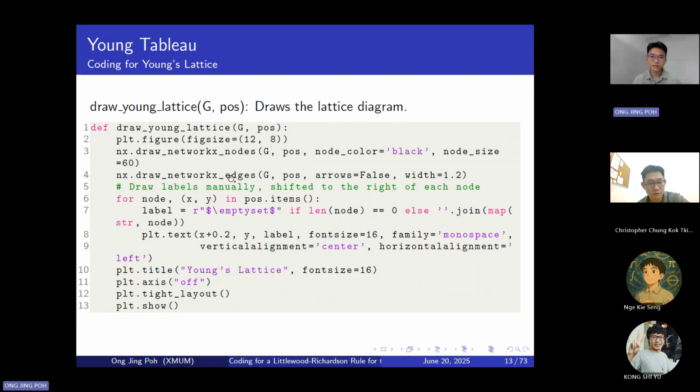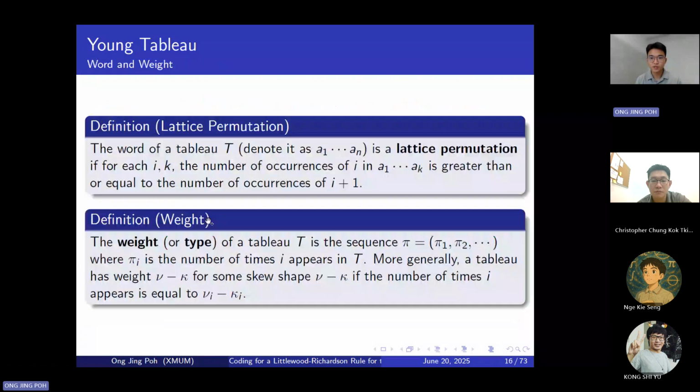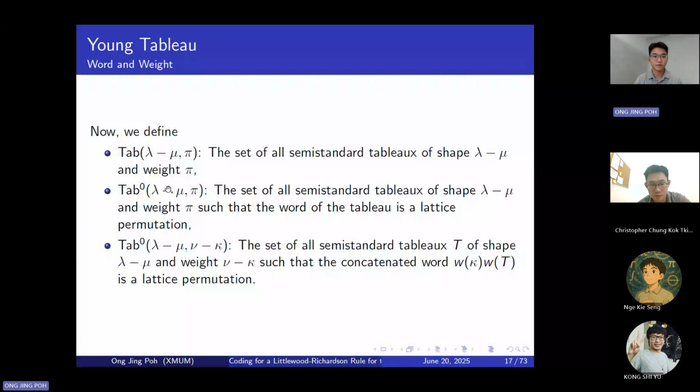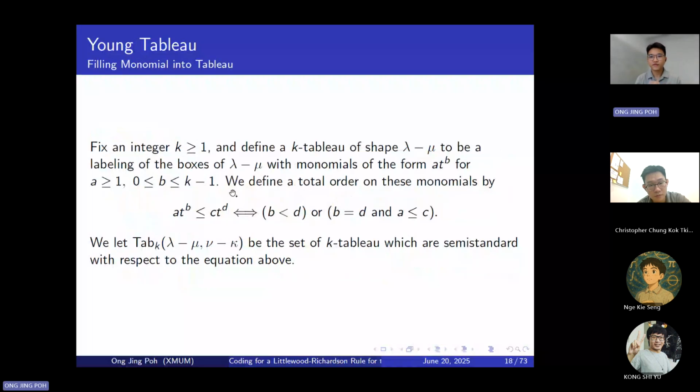And we can define the set Tab as a set of all semi-standard tables of shape lambda minus mu and word pi. And Tab 0 needs the word of the table to be a lattice permutation, so we can see that Tab 0 is a subset of Tab. And next, we are interested in filling monomials of the form a t to the power of b into a table with the order shown in this slide.